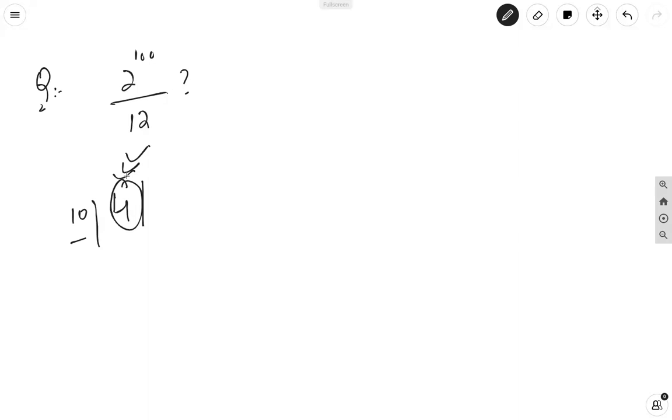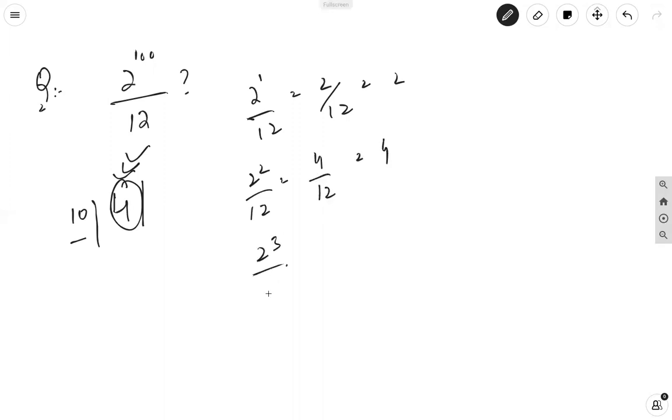Now, one way is the one we discussed earlier. But in some questions, you can use cyclicity. If I try to solve this question, 2 power 1 divided by 12 is 2 by 12, remainder is 2. 2 square over 12 is 4 by 12, remainder is 4. 2 cube by 12, 8 by 12, the remainder is 8.